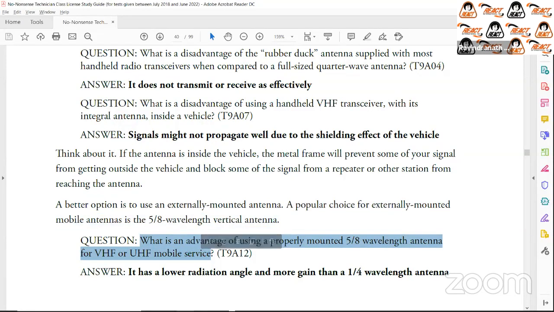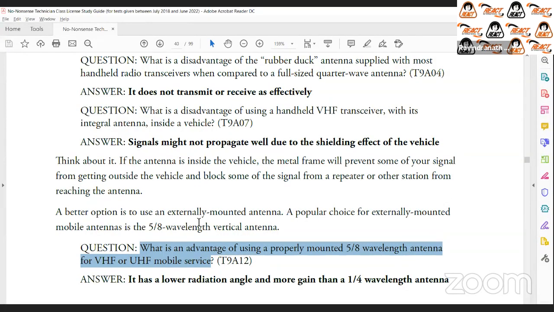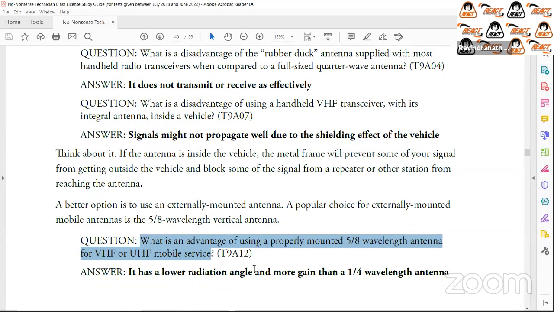So let's look at the question in the question pool. What is an advantage of using a properly mounted 5/8 wavelength antenna for UHF or VHF mobile service? That question has to do with the radiation angle diagram that we looked at, where we saw quarter wave, half wave, and 5/8 wave, all right?